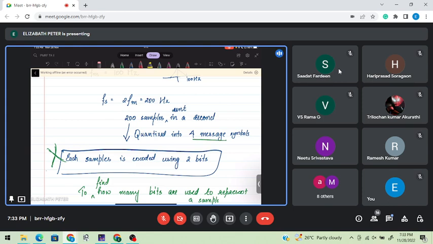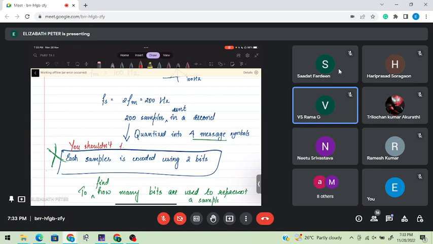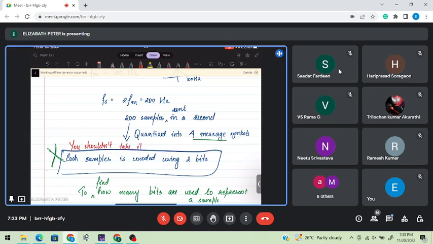You shouldn't take it like this. That's what I'm trying to say. Instead, we are finding how many bits are required to represent a sample. Did you get it? Yes, ma'am.